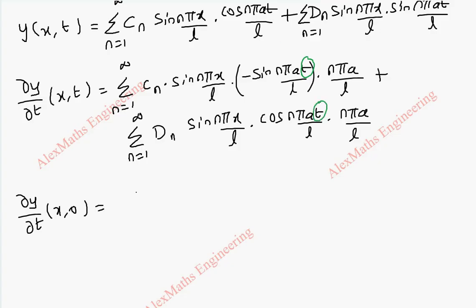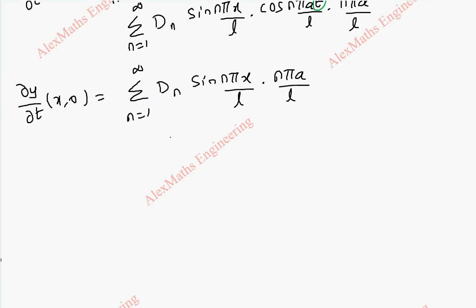So the first term will not be there, we will have only the second term, summation n is 1 to infinity, dn sin(n pi x by L) into n pi a by L. Now let's take dn into n pi a by L as a constant bn.